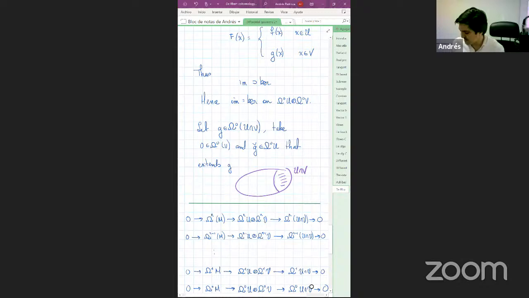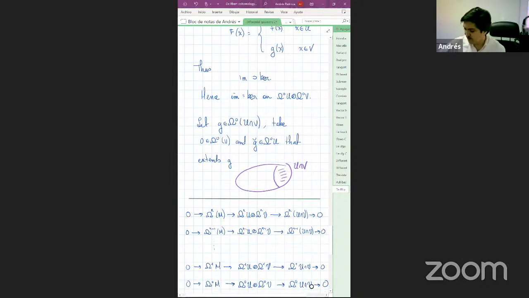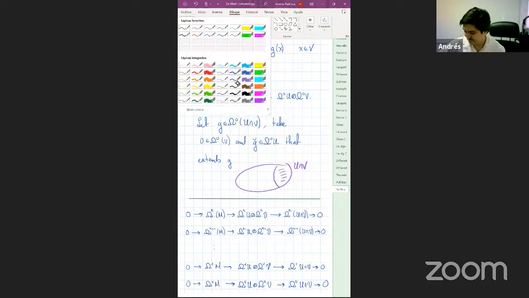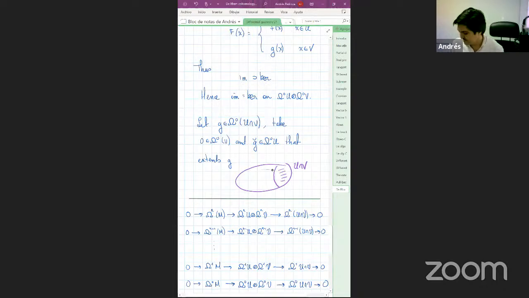So you have to extend g to a function g tilde. And this is something that we argued before, how to extend functions. Okay?